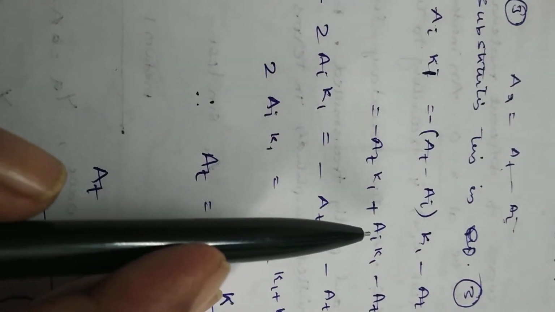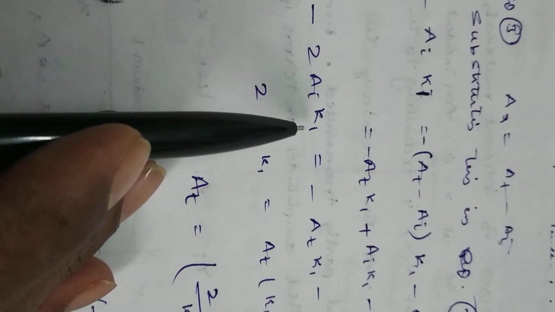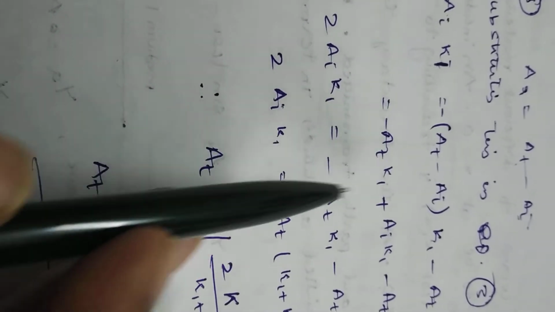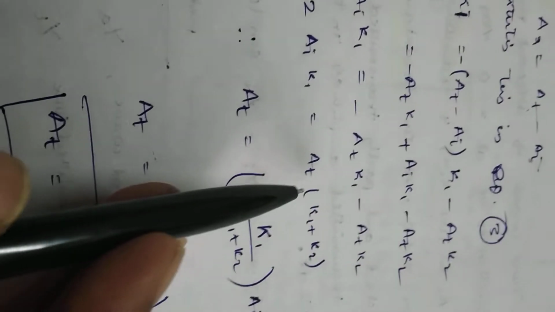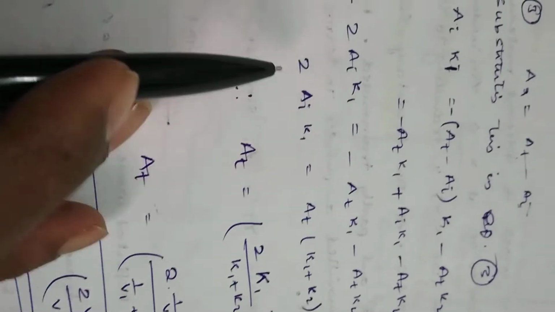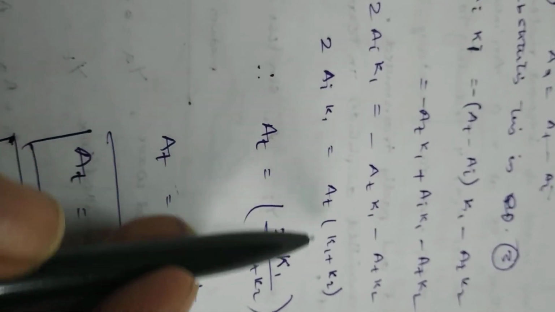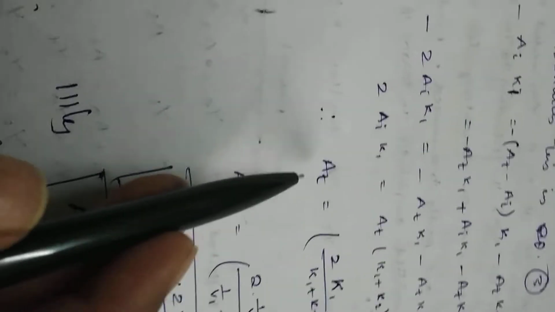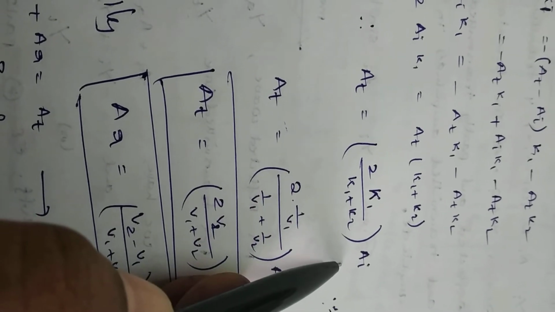Bringing the Ai k1 terms together, 2 Ai k1 is equal to At k1 plus At k2. Taking At common, 2 Ai k1 is equal to At (k1 plus k2). Therefore At is equal to 2k1 by (k1 plus k2) into Ai.